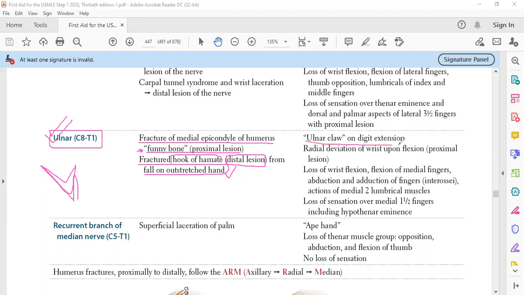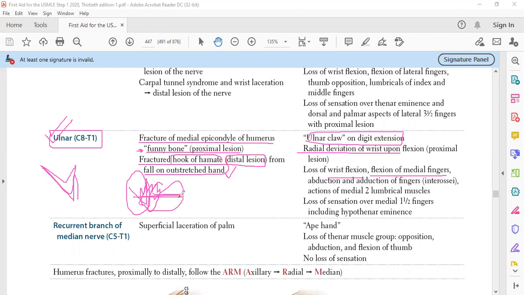So we get ulnar claw, with digit extension, because the ulnar nerve is supplying only the medial side. Is it medial or is it lateral? Radial deviation of the wrist upon flexion. Loss of wrist flexion, flexion of medial fingers. Sorry, it is not this, it is this.